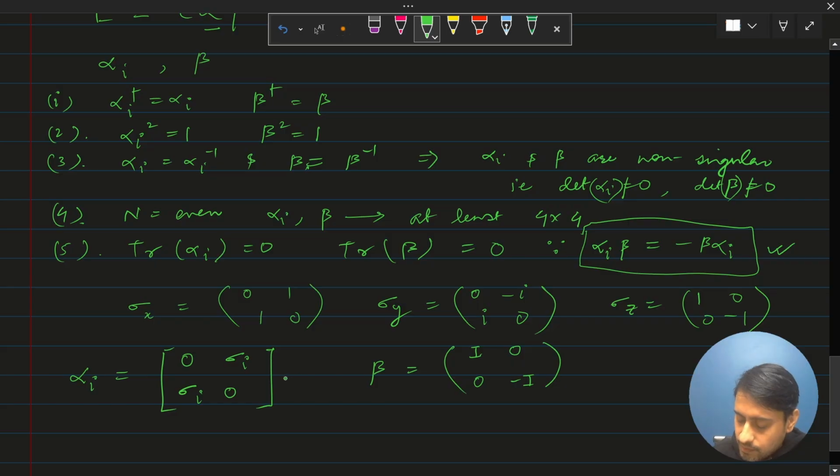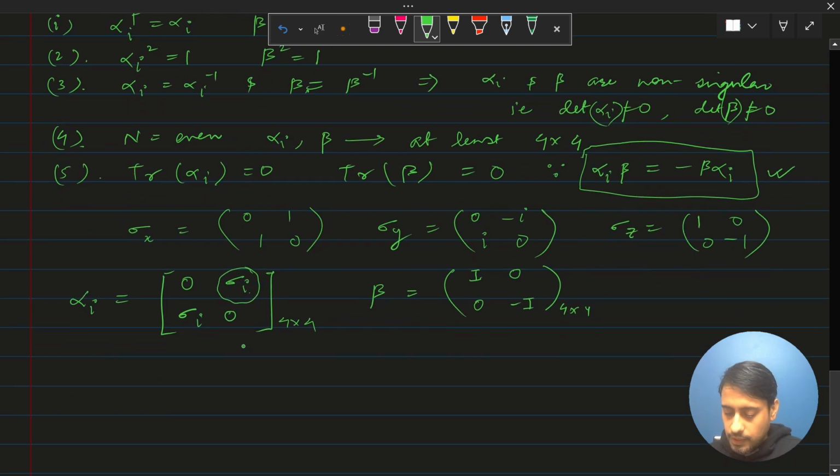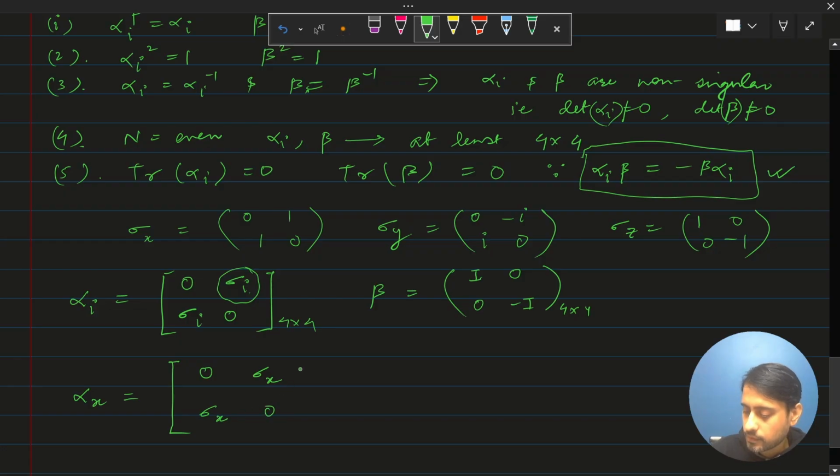So basically this is a 4 by 4 matrix. This is also a 4 by 4 matrix. What we have to do is replace this I. Suppose you wanted to write the alpha x. Okay, so you will write 0 sigma x, then 0, and then we have to expand the matrix sigma x first.